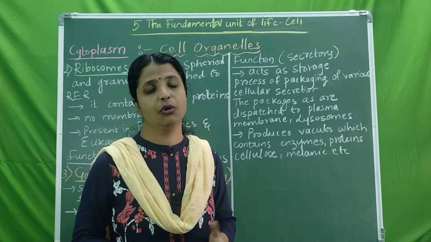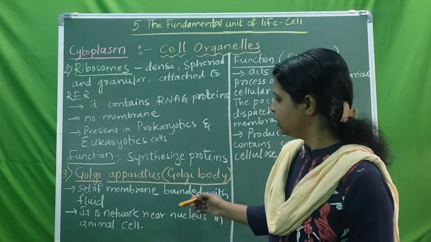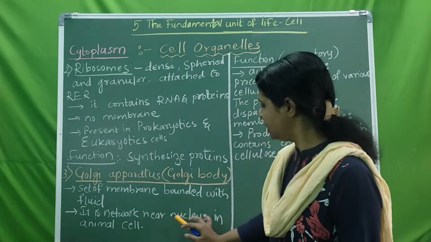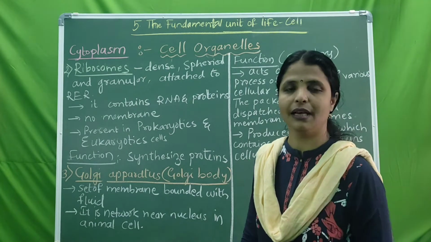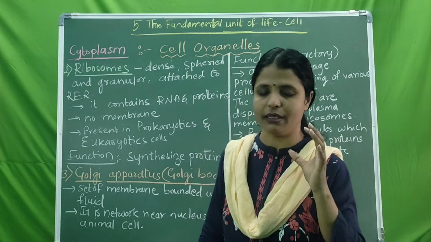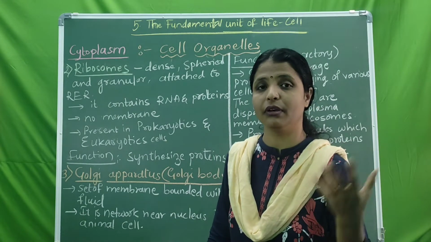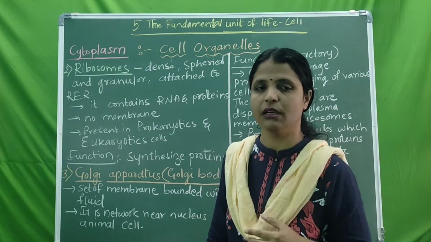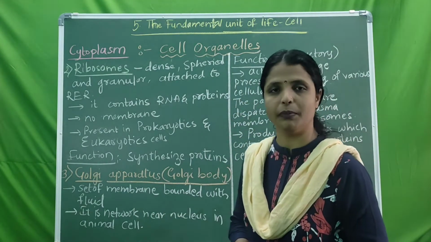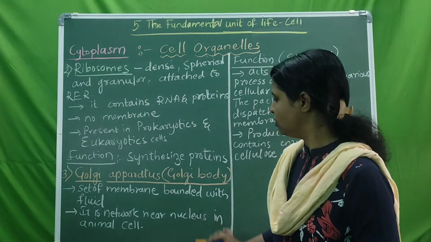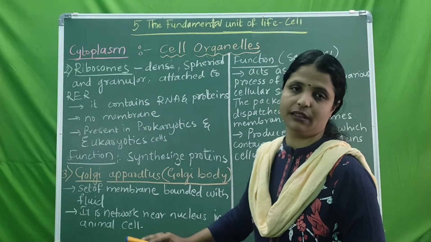It might be like vesicles, it might be like cisternae. Then it is a network near the nucleus in the animal cell. You know very well what the network of your internet does. It connects the people as well. Here the Golgi apparatus provides a network near the nucleus in the animal cell.